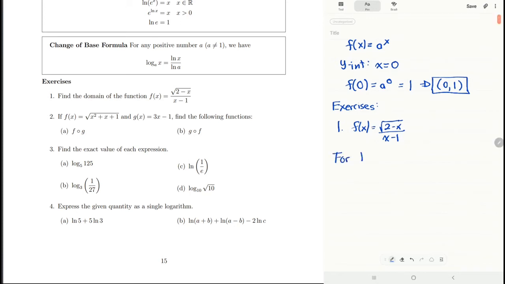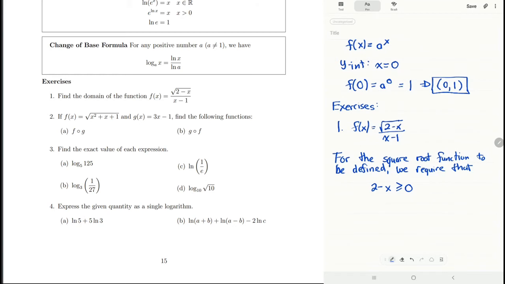Now for the square root function to be defined, we require that 2 minus x has to be greater than or equal to 0.